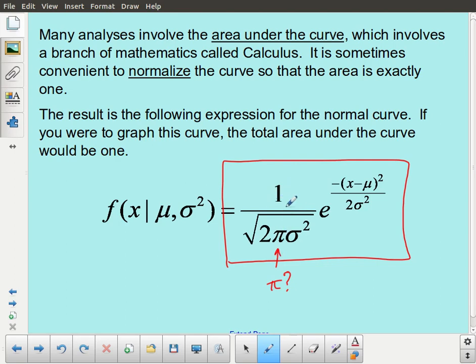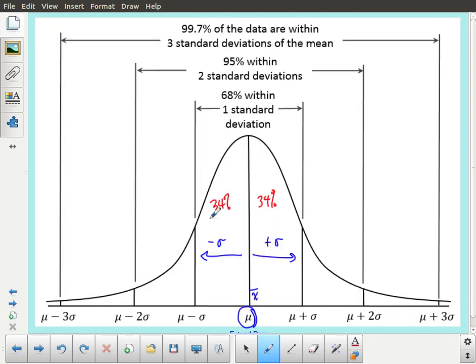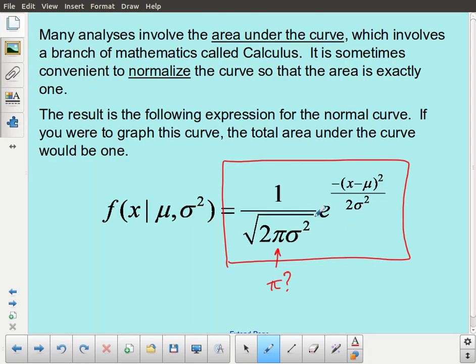Now, the reason for doing this: I talked about the area underneath this curve. I talked about this area and this area making up 68% of the area. There are times in mathematics where it's convenient for us to have everything referring to the number 1.